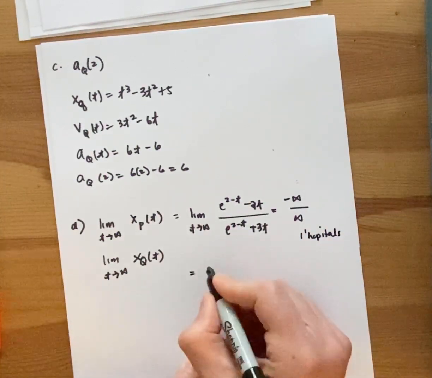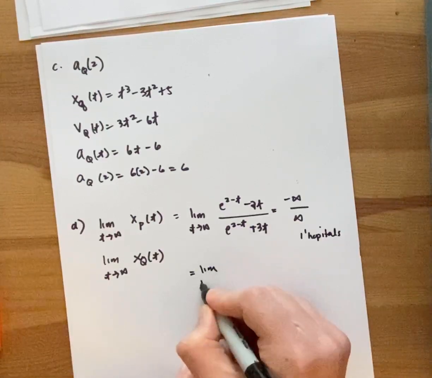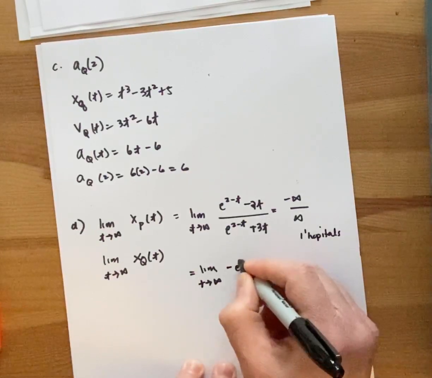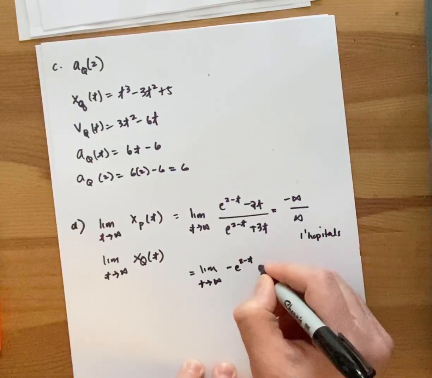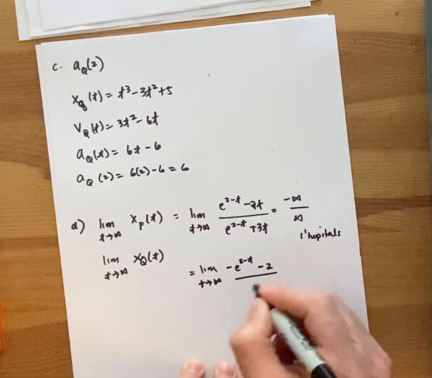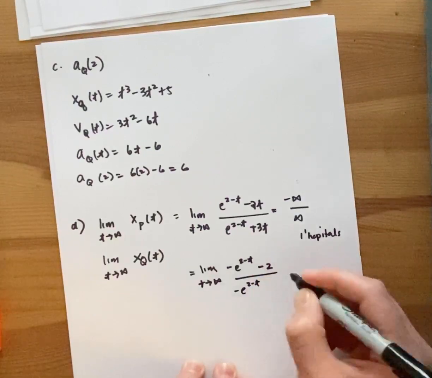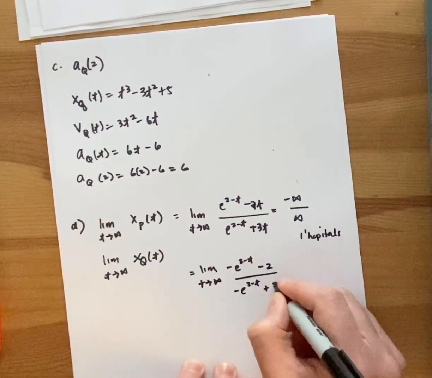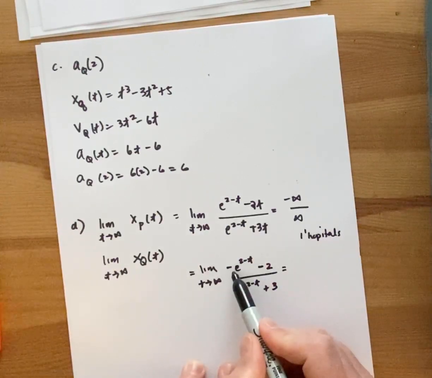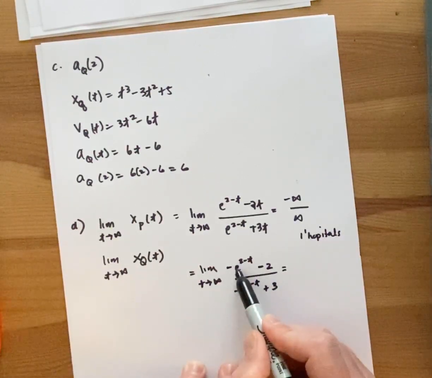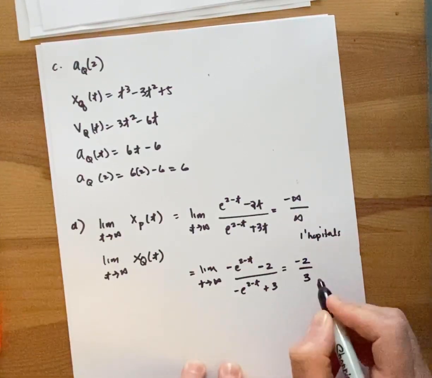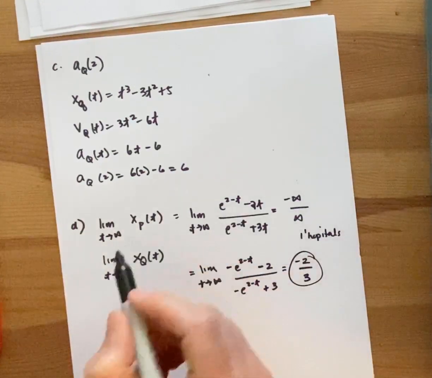So if you take the derivative of top and bottom, or numerator and denominator, here I'm going to get negative e to the 2 minus t minus 2, and negative e to the 2 minus t plus 3. Okay, so when you do that, you could see here that this e to the 2 minus t is going to go to 0, giving me negative 2 and 3 in the denominator.